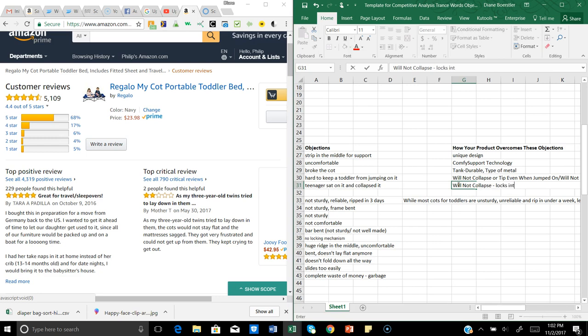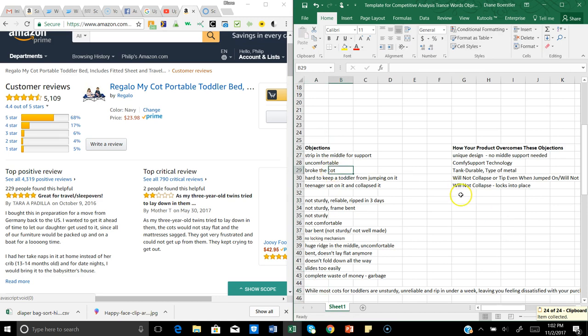locks into place. And again, this is about product features right here. These are features that you have, right? So your unique design, no middle support needed. Okay, so not sturdy, not reliable, ripped in 3 days. So I'm going to take this and move this down here as an example. There we go. So not sturdy, not reliable, ripped in 3 days. Okay, so you're going to talk about the sturdiness of each component, and then the whole unit.